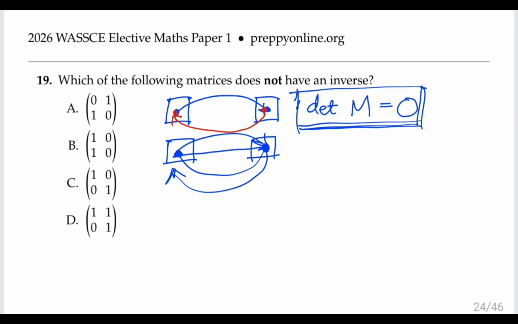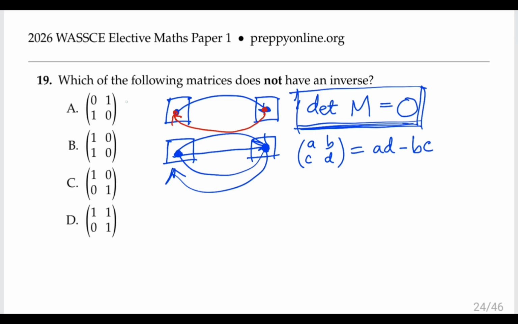So we can try to find the determinants of each of these matrices and see which of them gives us a determinant of 0. If the determinant is 0, then there is no inverse. So let's do that. The determinant of a matrix like this is AD minus BC.